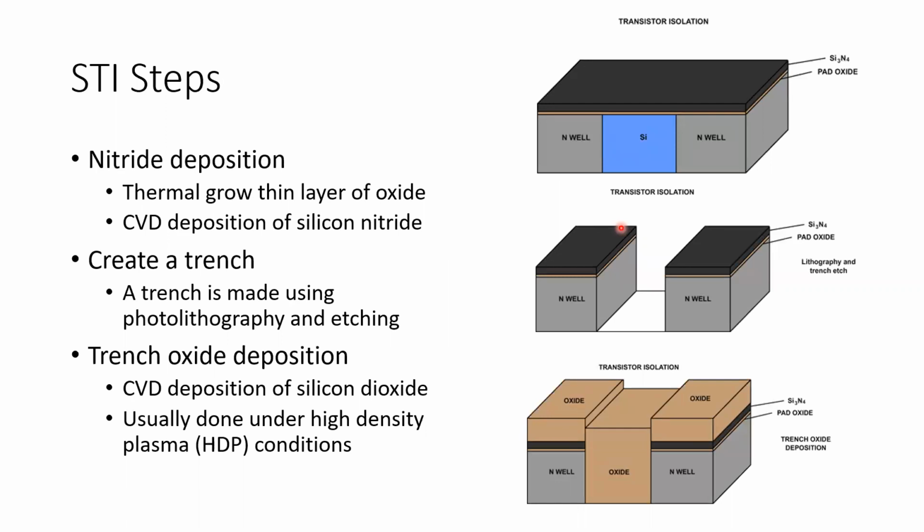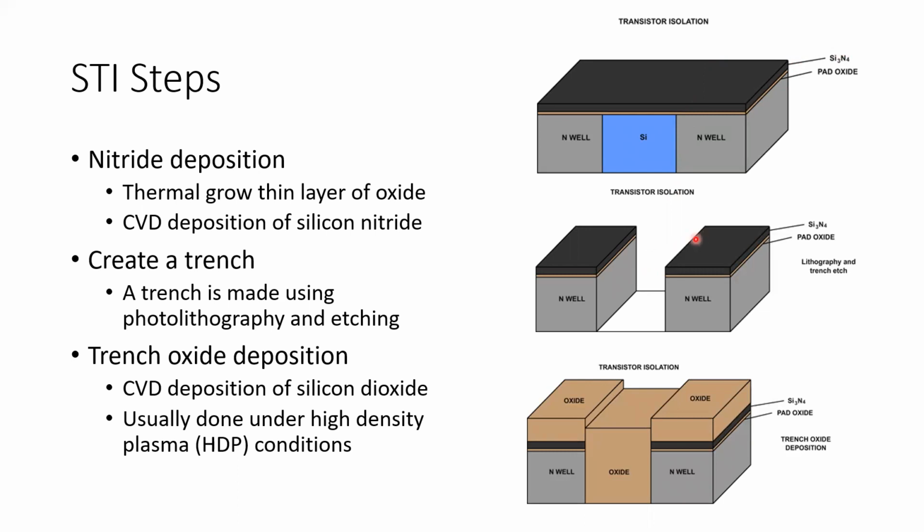Here we show some details of the STI steps. It is still like the LOCOS process. First, we need to deposit a pad oxide, a thermally grown thin layer of oxide, and then we grow silicon nitride using the CVD method. Then we deposit photoresist, do photolithography, develop, and then etch.